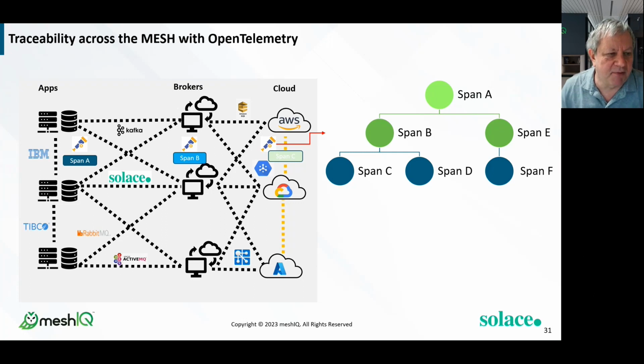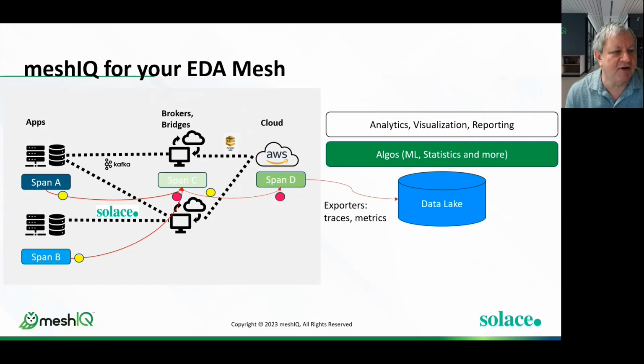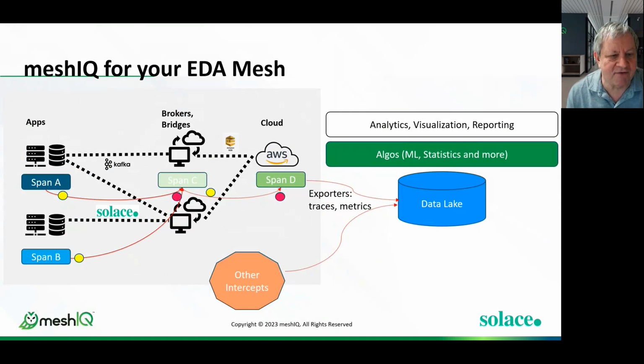So in a perfect world where everything is managed with OpenTelemetry, basically you then just need, as he said, a common place to which you can send all of that data and manage it, right? So that is where the meshIQ solution comes into play, because we have visibility into that entire mesh. And in fact, we have visibility into components that aren't OpenTelemetry, right? So not everything in the world is going to comply with OpenTelemetry.